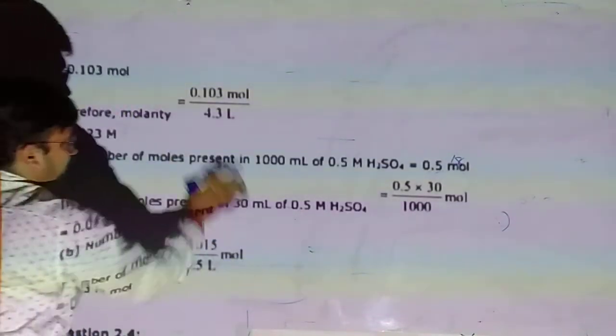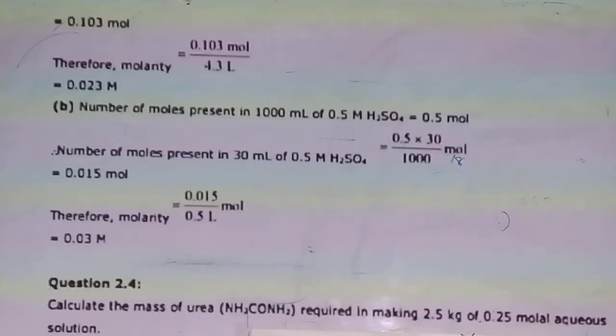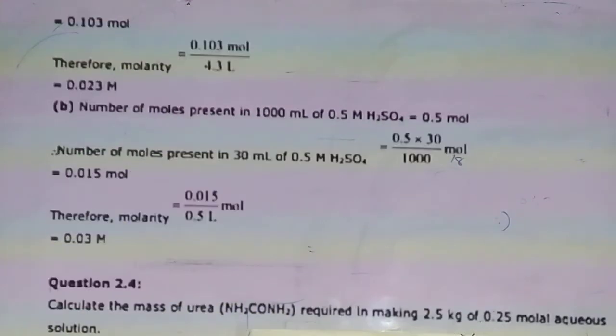Now number of moles present in 1000 milli of 0.5 molarity sulfuric acid is equal to 0.5 mole. So number of moles present in 30 milli of 0.5 molarity H2SO4 will be, question 2.3 B.